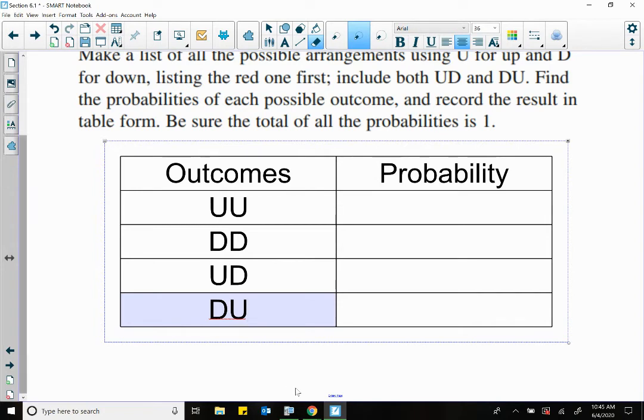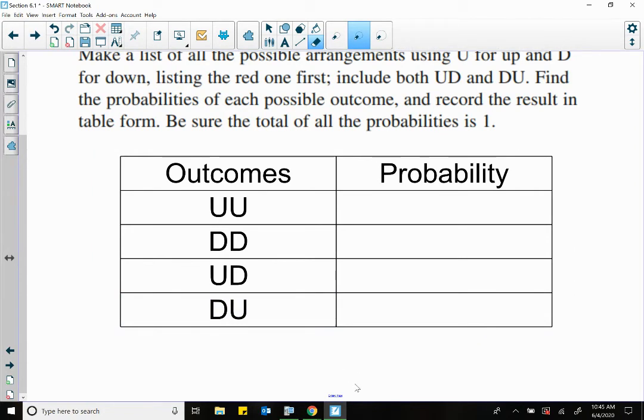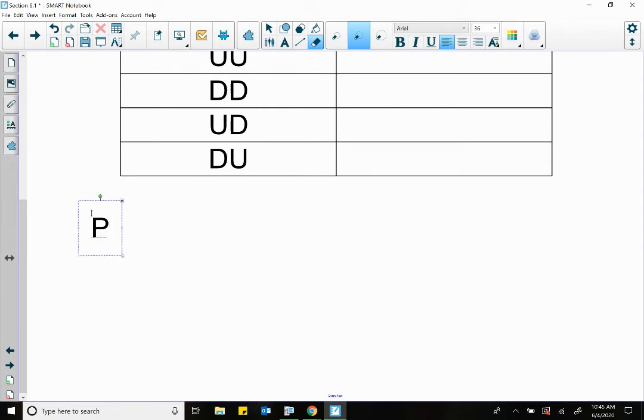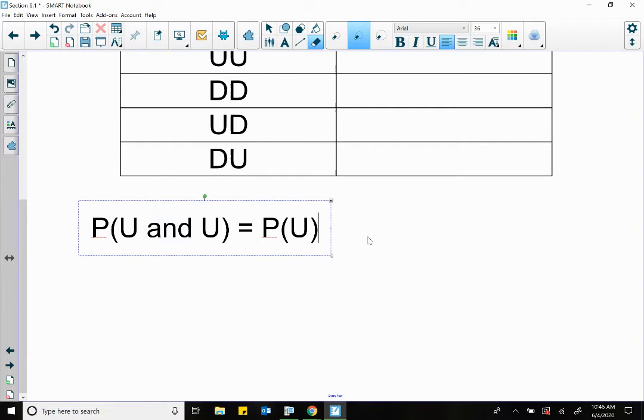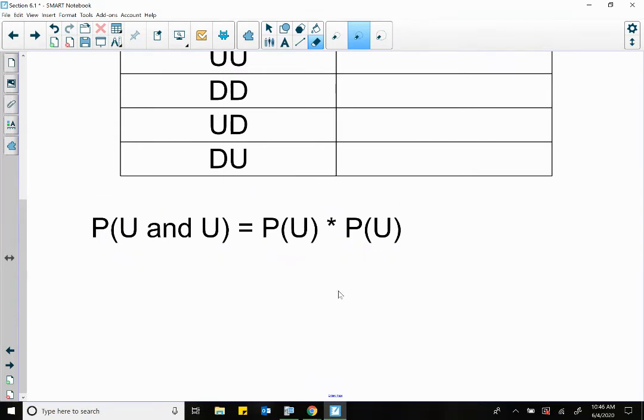Well, if you remember a little bit about college mathematics and figuring out probability, we want to know what is the probability of U and U. And since these are independent events, really what you're doing is you're just going to take the probability of the red tack U times the probability of the blue tack U. Okay? So that's how we're going to figure these out.